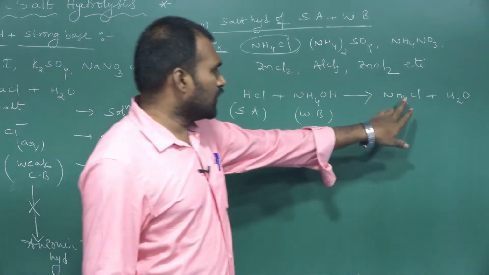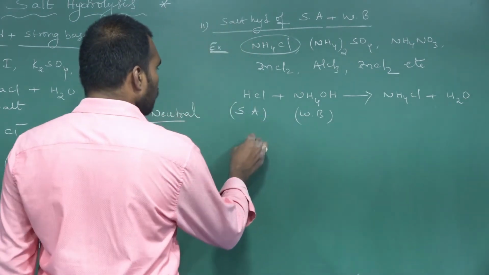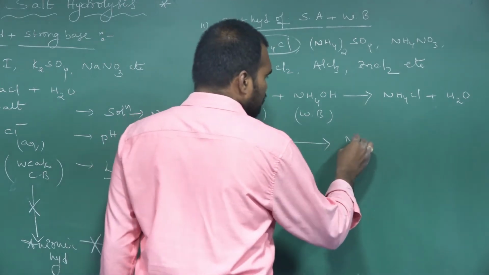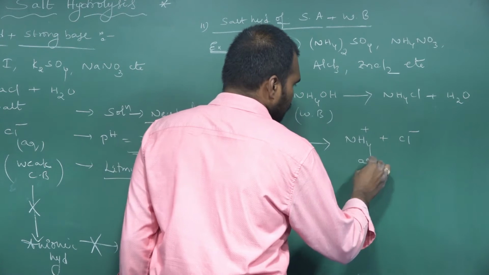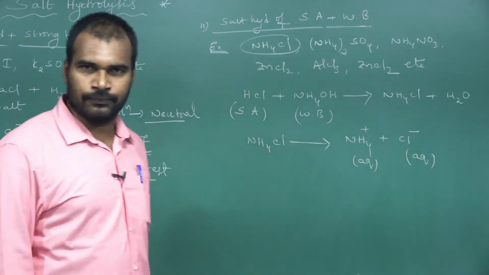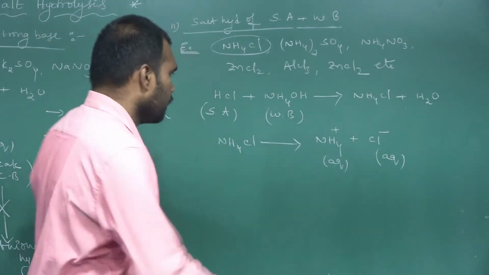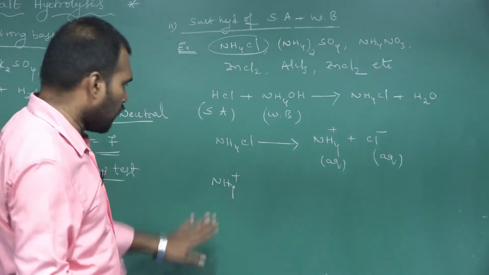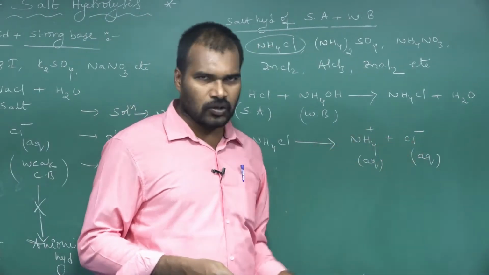So this is the salt formation. And I told you these salts further dissociate into ions. Let us see how NH4Cl will dissociate. NH4Cl will dissociate into NH4 plus ions and Cl minus ions in their aqueous solutions. They get hydrated, and after they are hydrated, they further hydrolyze. In order to undergo hydrolysis, first of all let us see the nature of these ions.